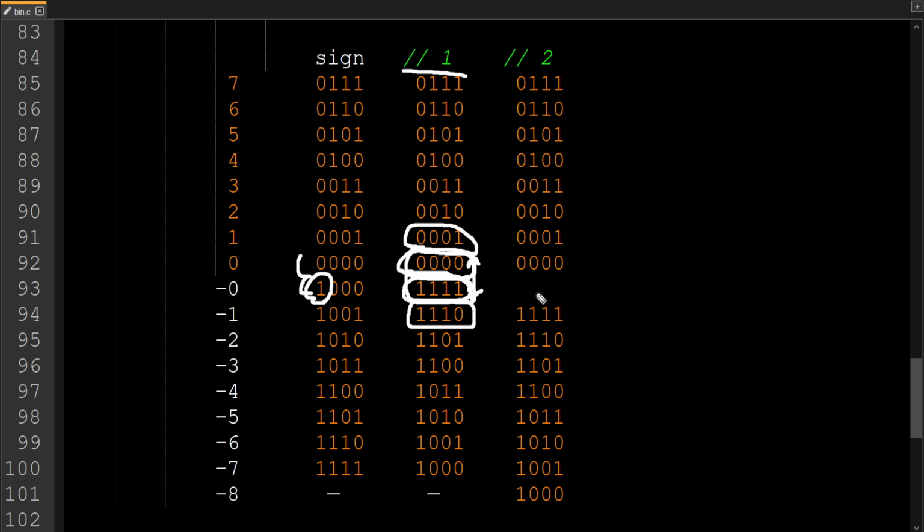And the modern system, which we use right now, is this one. We take the first complement and add 1 to it. That's it. Very simple, actually. You add 1 to it, and this way you get rid of the fake 0.